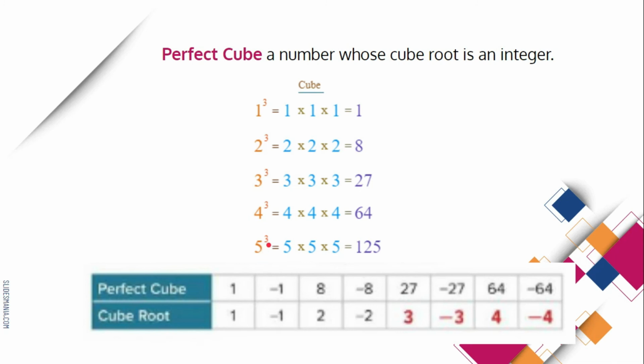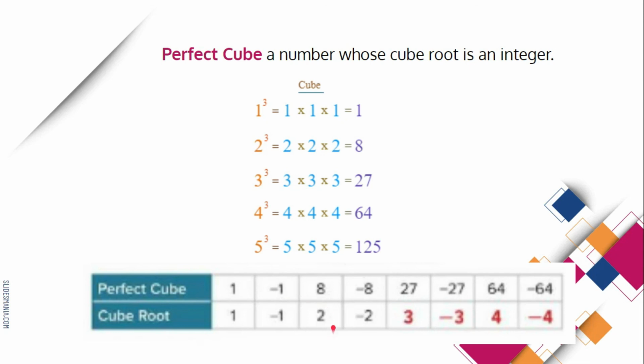Now down here, we find cube roots and we find perfect cubes. So the result of multiplying these integers or these cube roots 3 times is a perfect cube. So if we multiply 1 3 times, we obtain 1 as a result. If we multiply -1 3 times, our answer will be -1.